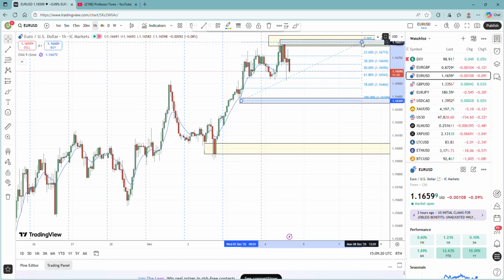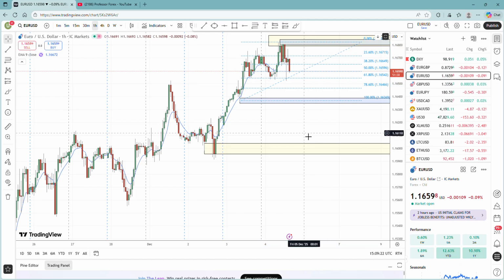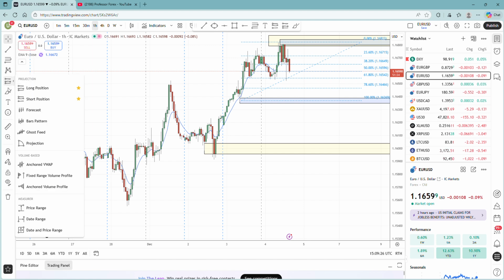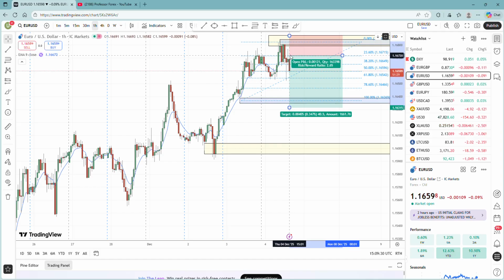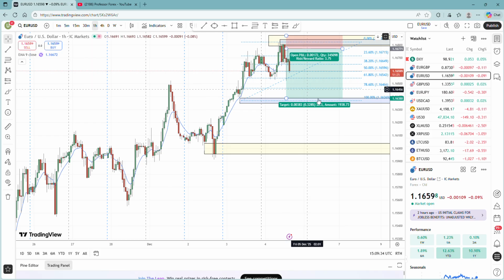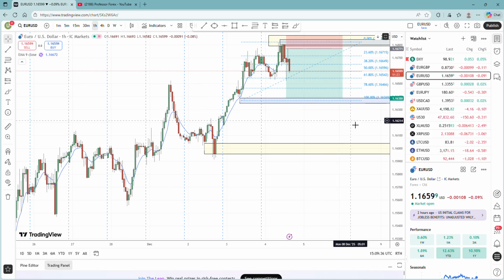This would have been your level before the market opened. Get it extended here. It would have been a good buy 2 hours ago. Sorry, a good sell. Stop loss just above. That would have been a sell trade. I missed it now though.